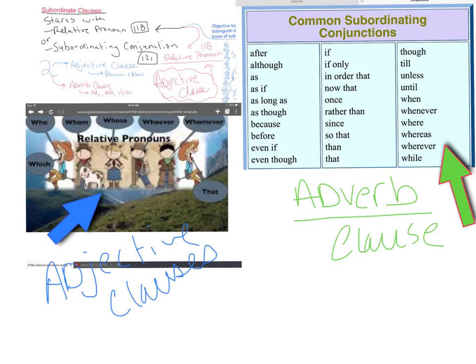So again, very simple. If it comes from this side, the common subordinating conjunctions, and there are more than this, but these are your common ones, it's going to be an adverb clause. If it's one of these 7, it's going to be an adjective clause. But no matter how you label it, both of them will always be subordinating clauses.